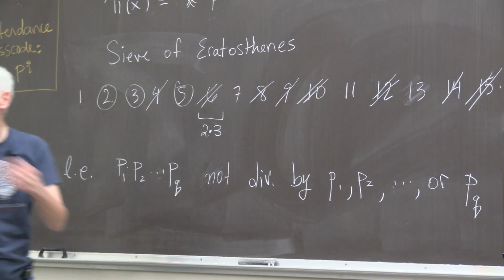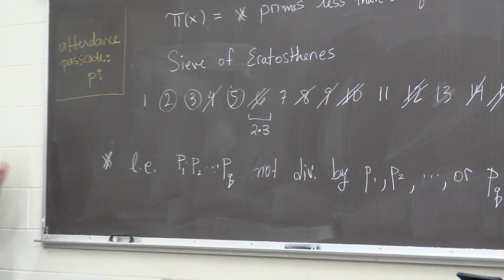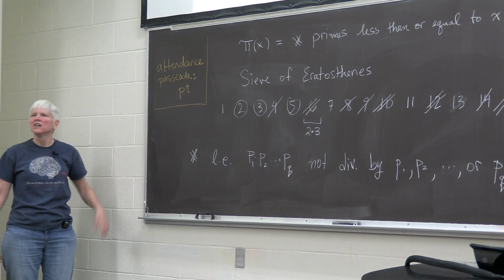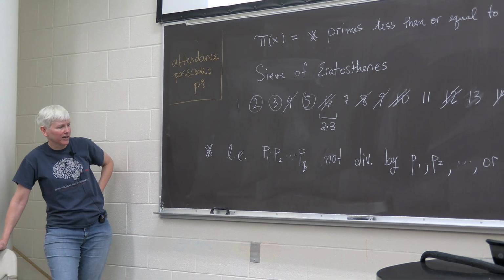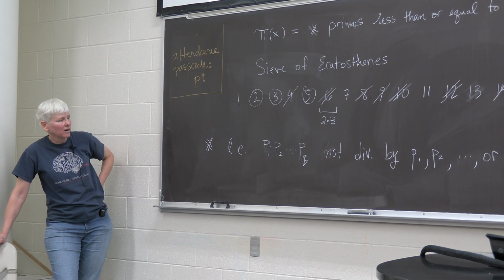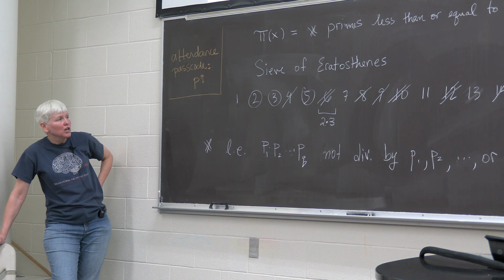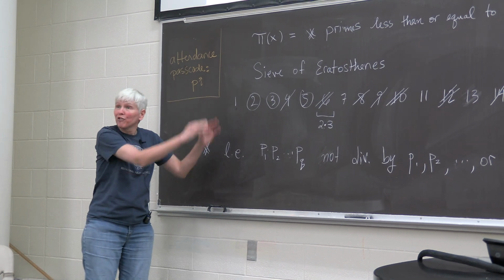Okay, so it's not divisible by the first Q primes. That's kind of like counting prime numbers. So I thought, hey, I'd like to understand this. So let's just look for a pattern, all right?